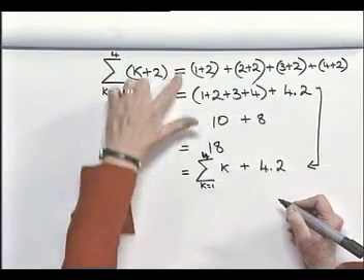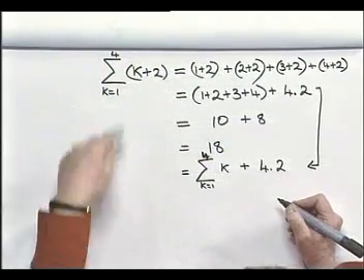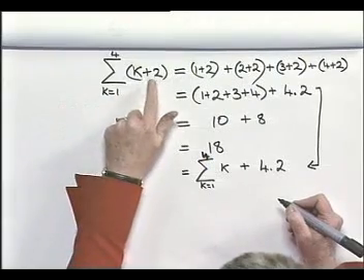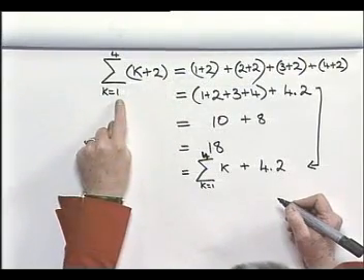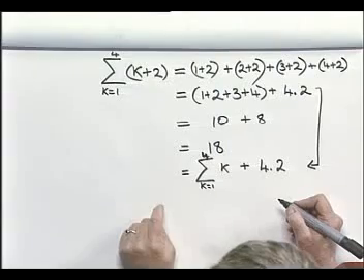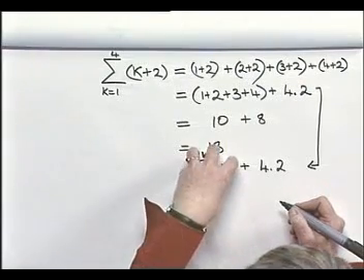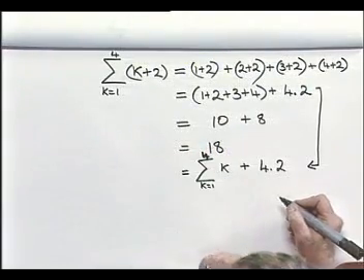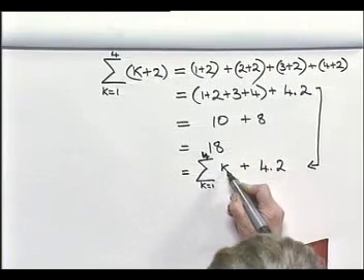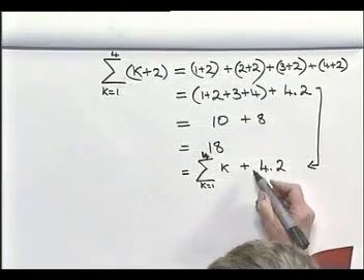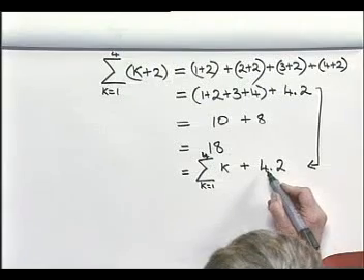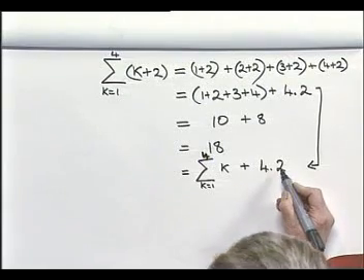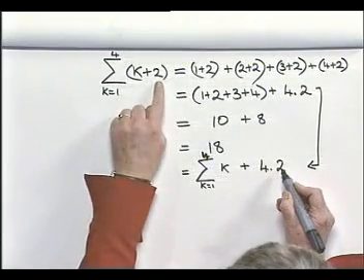So, looking back at what we started with, we've got sigma of k plus 2 from k equals 1 to 4, and it's expanded out to this: sigma of k on its own from k equal 1 to 4, plus 4 times 2, where 2 is the constant that was added to the k.